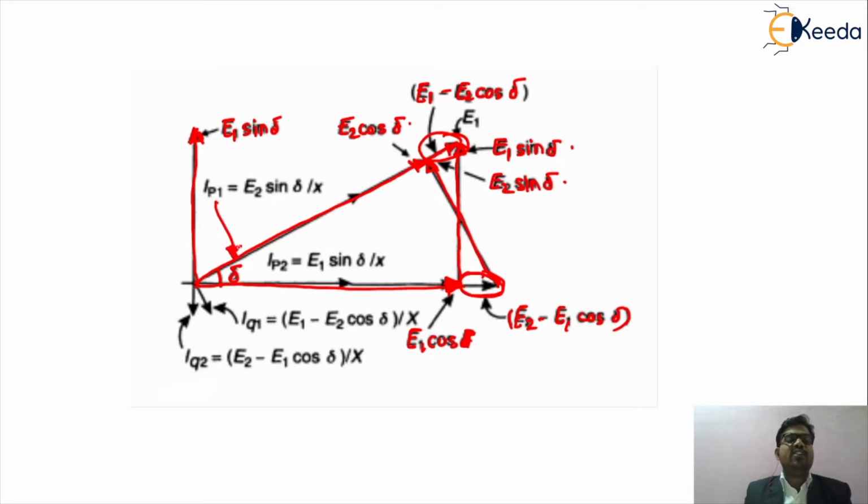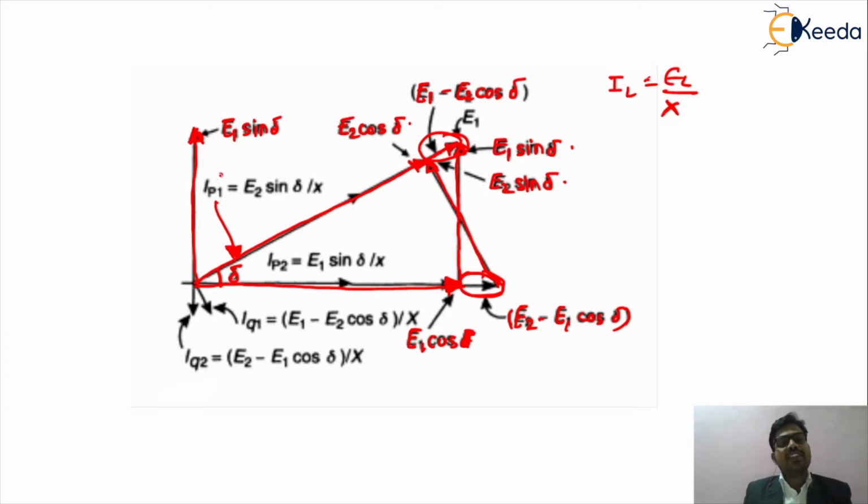We get the value of IP1 according to the fundamental formula, that current IL is equal to EL divided by X. So if you want the value of this current, that is the active component or reactive component of current, we take this voltage divided by the impedance.